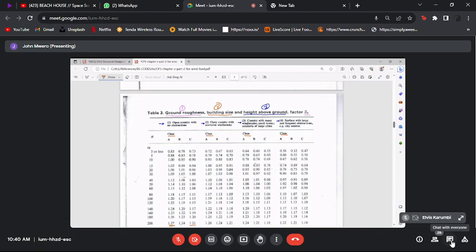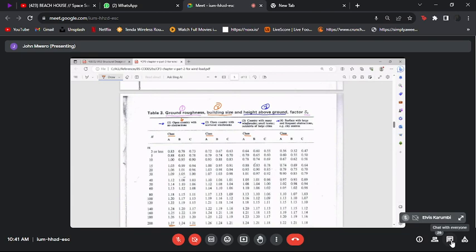So if, for example, you're putting up a building or designing for a building in open country, you would pick this column and then come down and say, so the building is in open country, so what's the size of the building or element that I'm dealing with? So for example, if our building was, say, in Syokimau, next to the airport, it would qualify to be under category A of ground roughness.